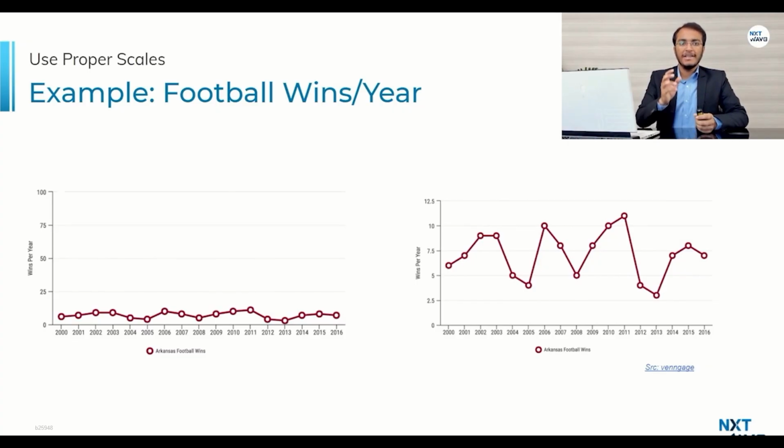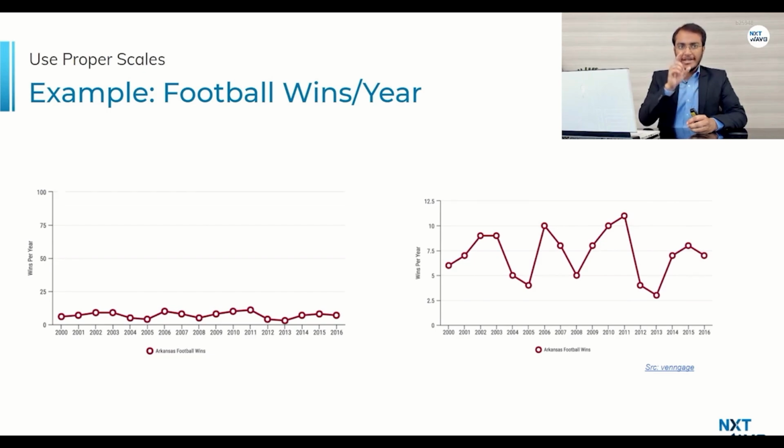If you just look at the visualization on the left side, it gives you an impression that the team is more or less winning the same number of matches every year from 2000 to 2016. This is happening because they are not using the proper scales on the y-axis.